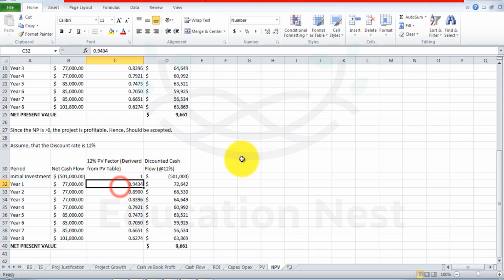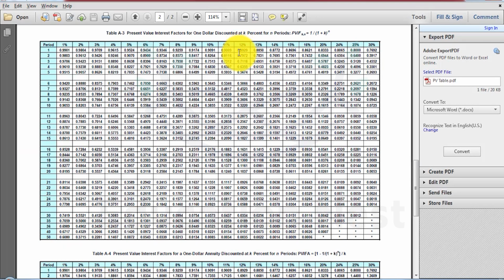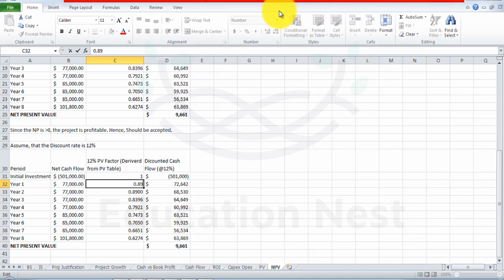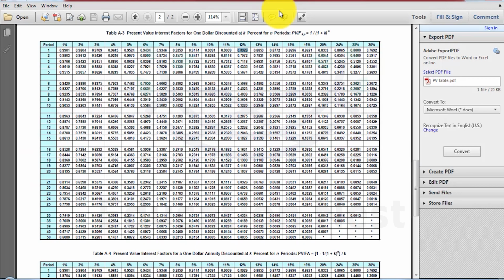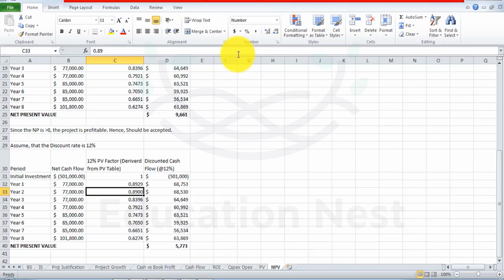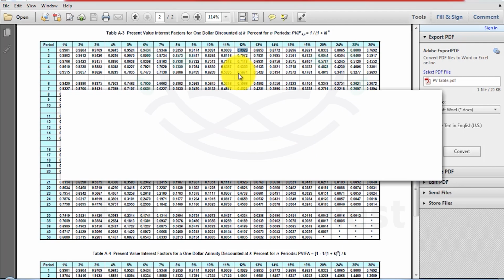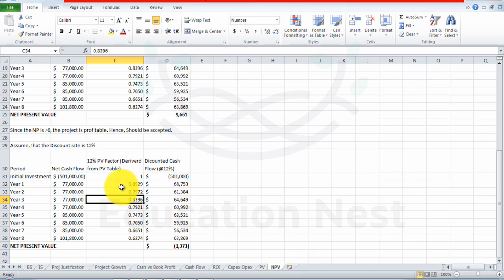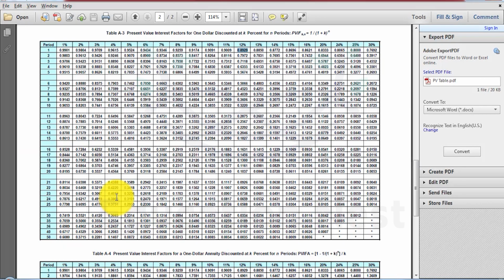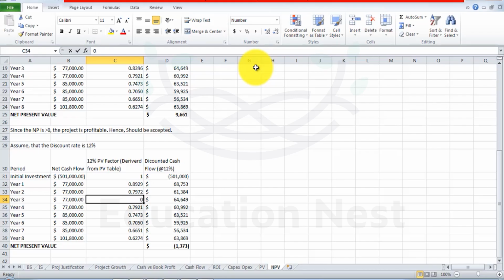Let's change the present value factors over here to 12% from 6%. For the first year, it's going to be 0.8929. For the next year, it's going to be 0.7972. Notice this, because it's formula based, the moment you enter the revised present value factor over here, all the computation takes care of itself. For the third year, it's going to be 0.7118.